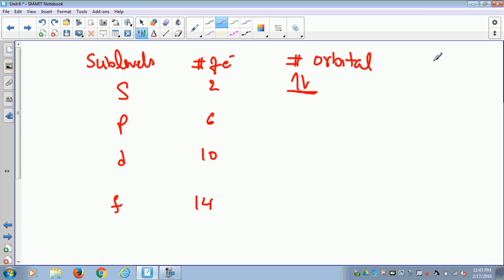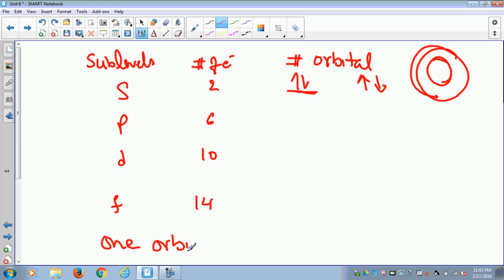Like if one is moving clockwise, the other one is moving counterclockwise. So we show that by the arrow. You can do a full arrow or a half arrow, it doesn't matter. But one orbital can maximum hold 2 electrons. This was said by Pauli.